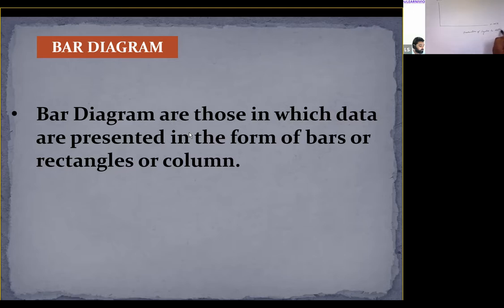Let's say the years are 2017, 2018, 2019, 2020. So in different years, what is the total amount of production of bicycles in the country?